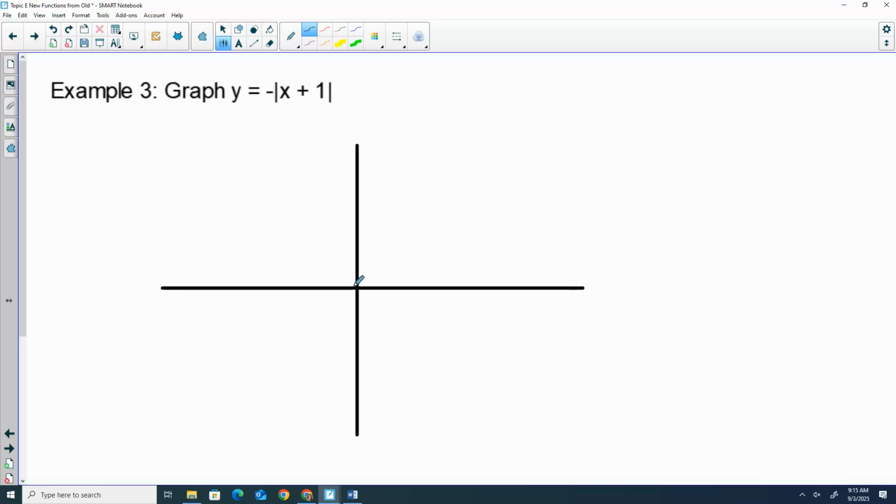All right, so absolute value of 0 is 0, 1, 1, 2, 2, -1, 1, -2, 2. Okay, the negative out in front, we'll flip this upside down. The +1 moves it left 1.